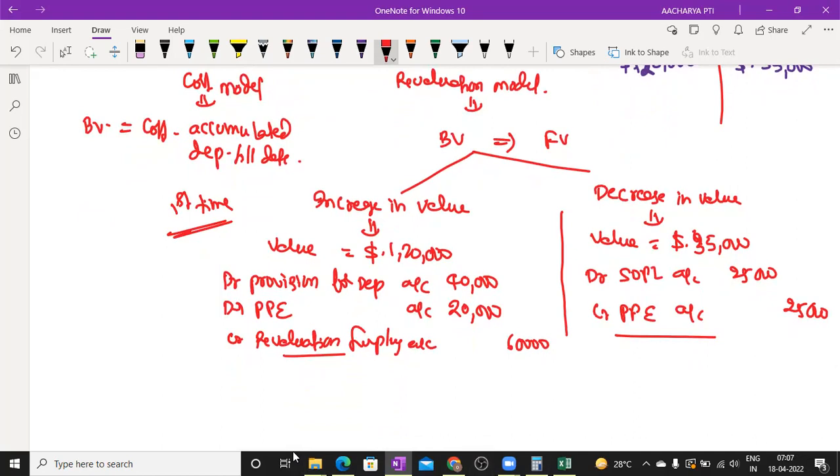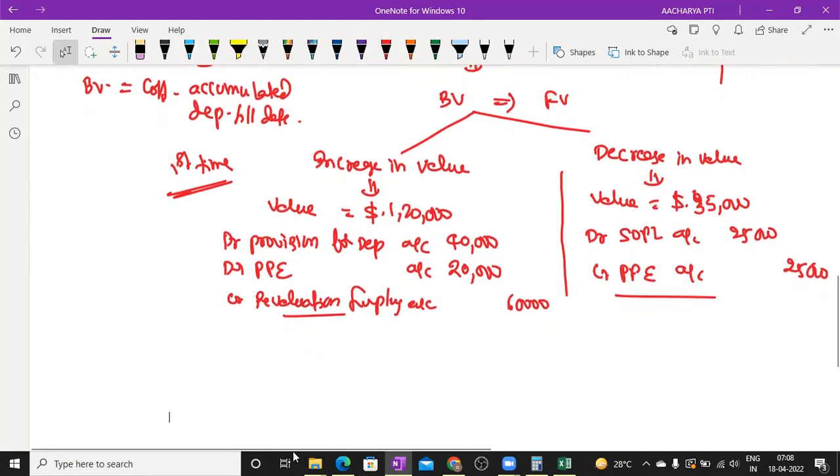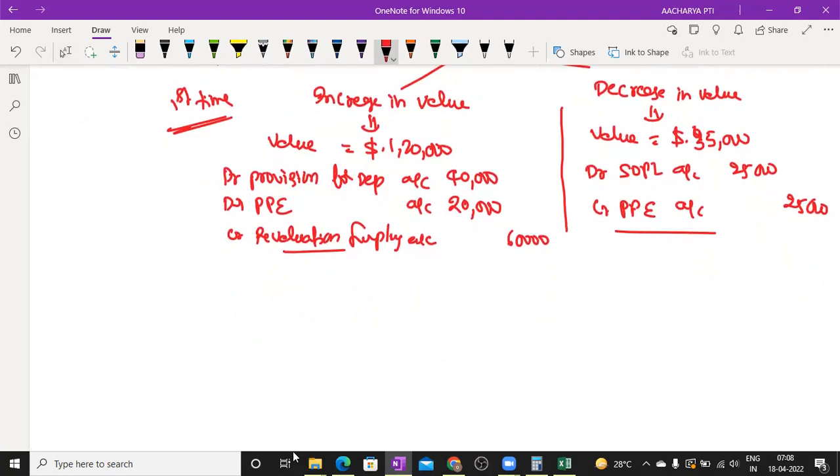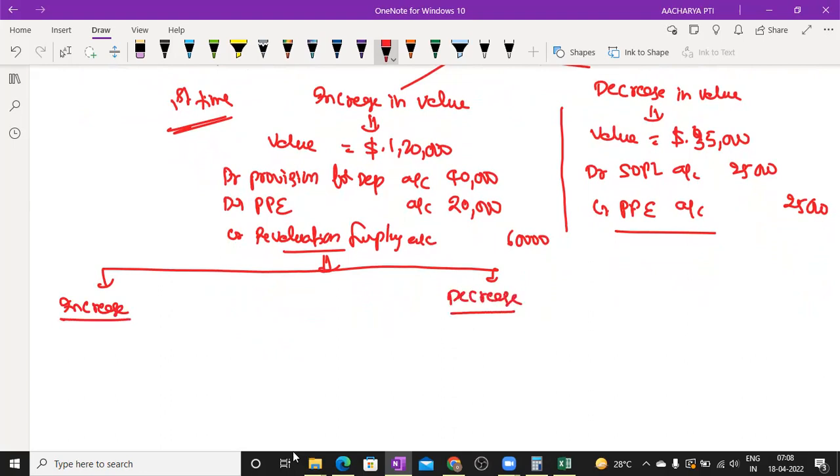In the first year, it was an increase in value, but in the subsequent period it may result in an increase or decrease, right? So there are two possibilities.